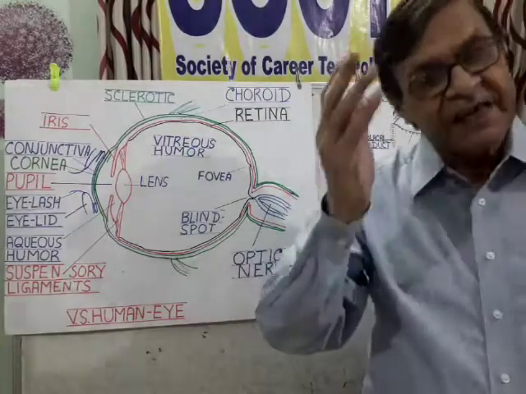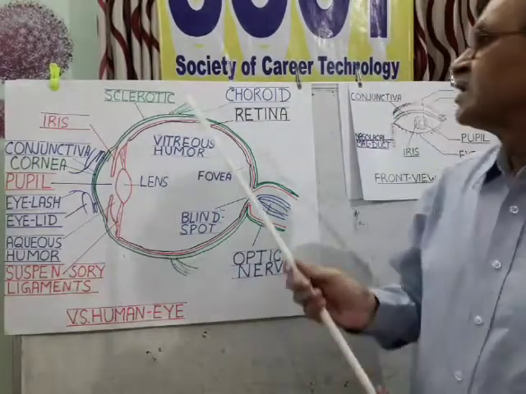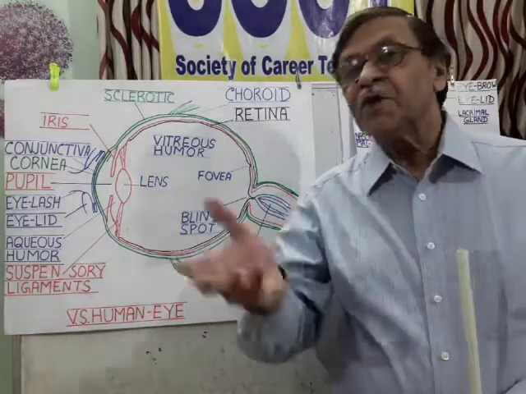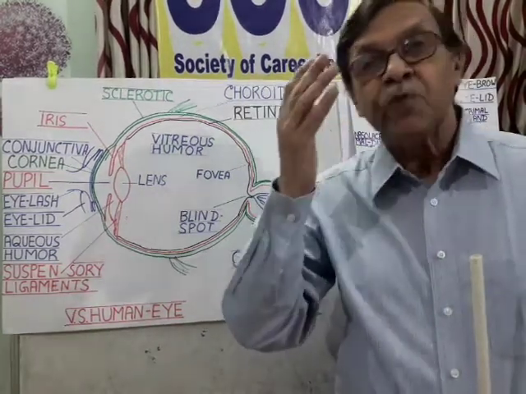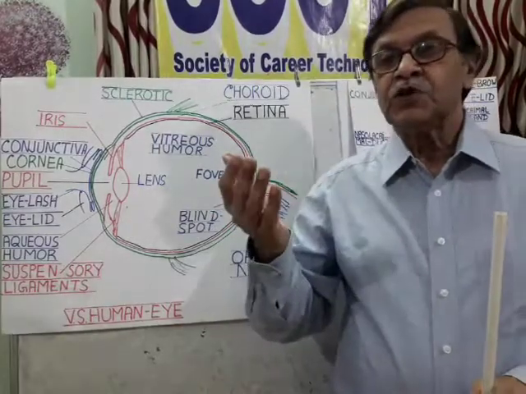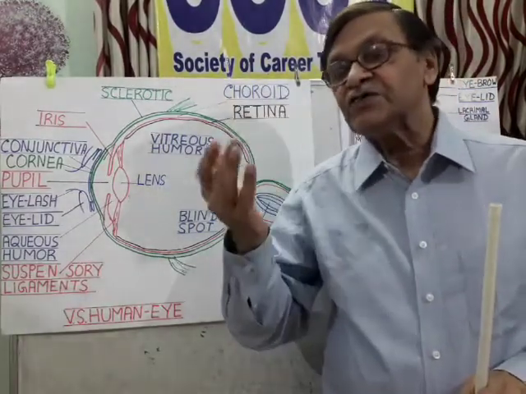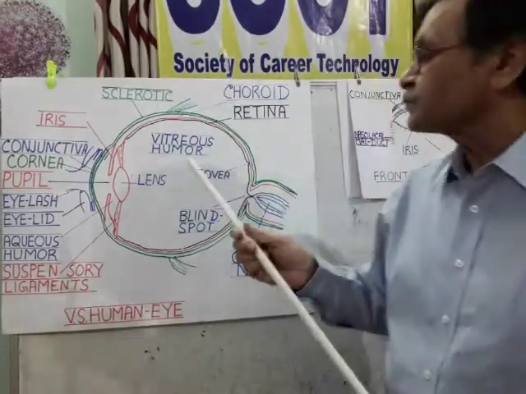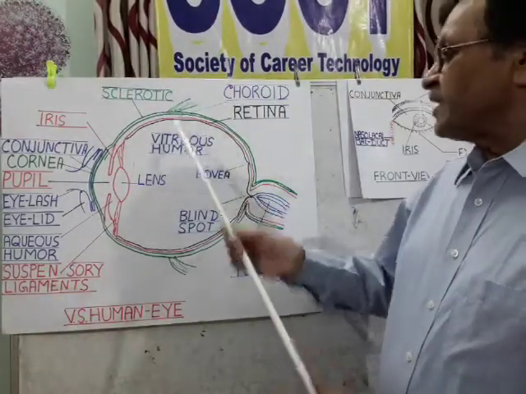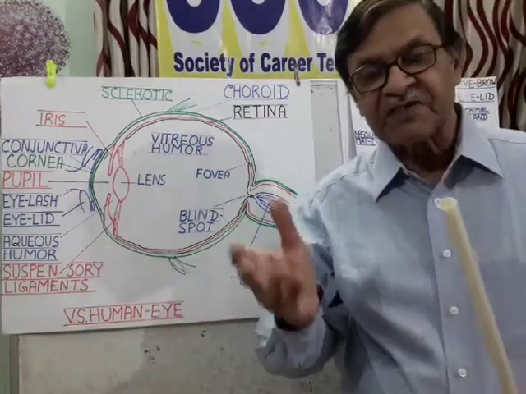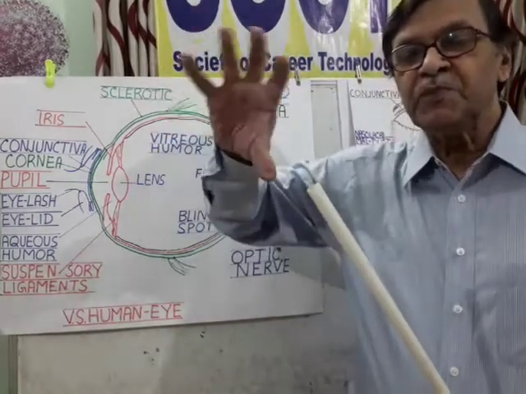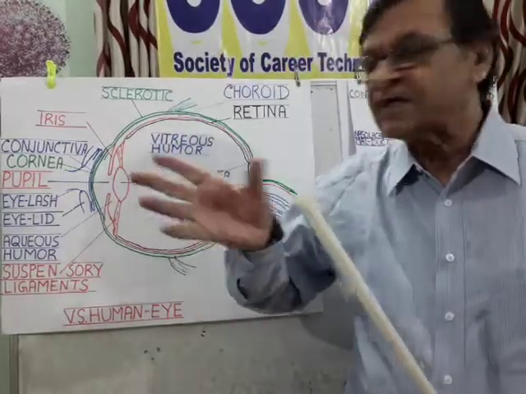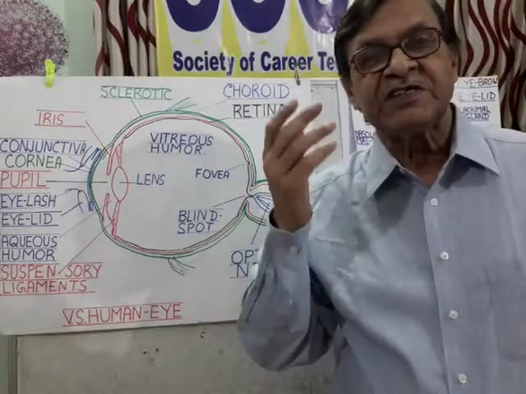There are three layers in the eyeball. Outermost layer is sclerotic. In case of birds, this sclerotic is bony, and it helps to protect the eyes in a flying bird from the pressure of air. Further, we have 6 eye muscles which help in rotation of the eyeball inside the bony socket, which is called the orbit.